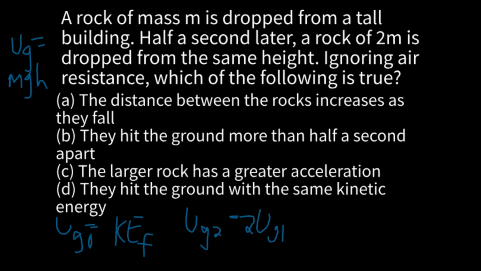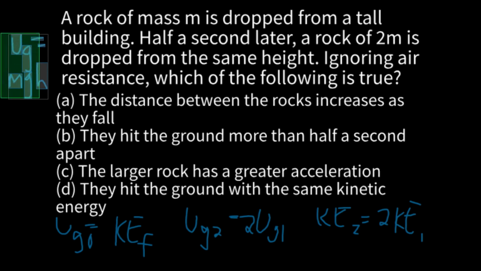That means when they hit the ground, KE2 is going to equal twice that of KE1. So they are not going to hit the ground with the same kinetic energy. If we're saying air resistance is negligible, the second rock will have twice the kinetic energy of the first rock. So D is not a plausible answer.